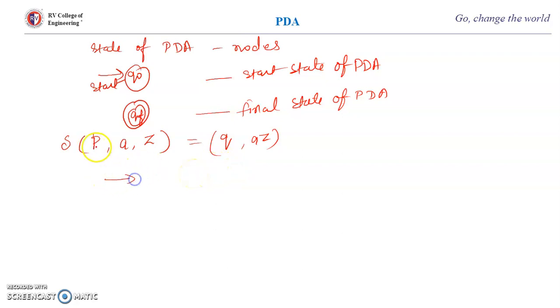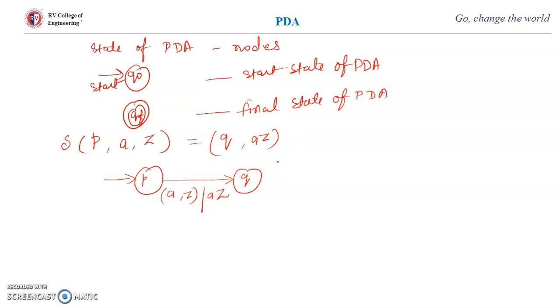So let's say P is the start state and there is another state Q, and the meaning is here if I give input A and the stack top is Z, what action are we going to perform? We are going to push A onto the stack. So we write AZ. So like this we will be representing.